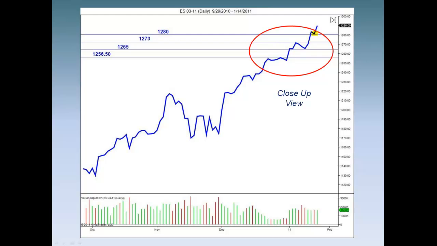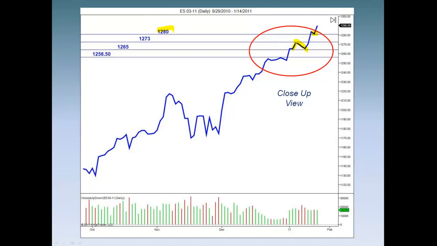The very first one that we identified was the 1280 level. The second support level that we identified was this level. Now notice, this is one of those levels where at one point it was in fact resistance. As prices were coming up, it met 1273 and caused it to drop. But then they came back up again.